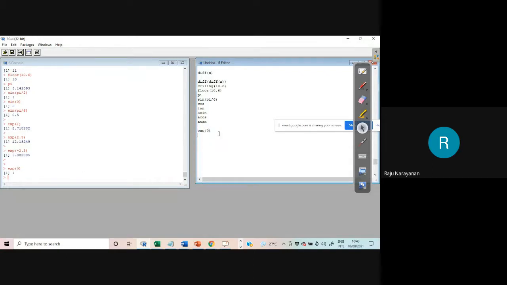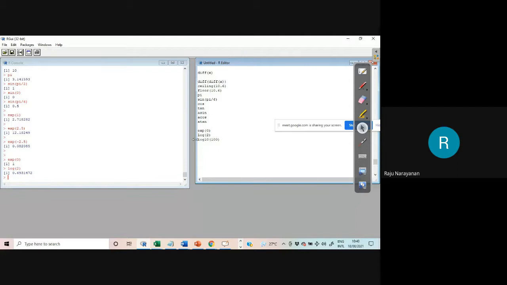And log, natural logarithm, that is log to the base e. Log 2 is 0.6931472, etc. If you want logarithm to the base 10, log10. Log 100 to the base 10 is 2.